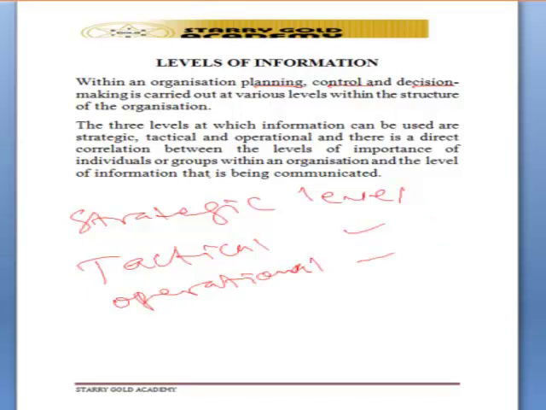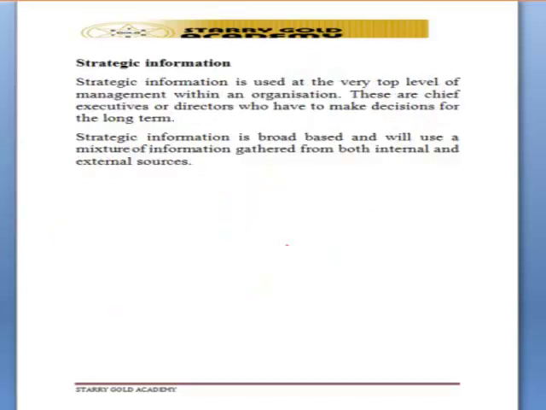There is a direct correlation between the levels of importance of individuals or groups within an organization and the level of information that is being communicated. It means there must be a cordial relationship among the 3 levels. So we'll now begin to look at the levels one after the other.